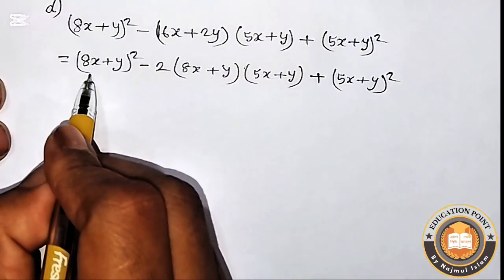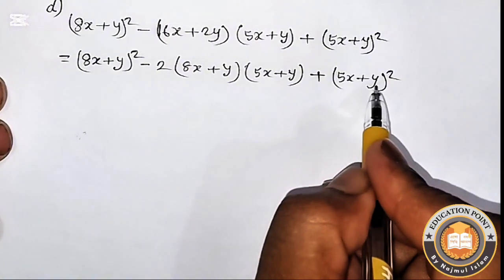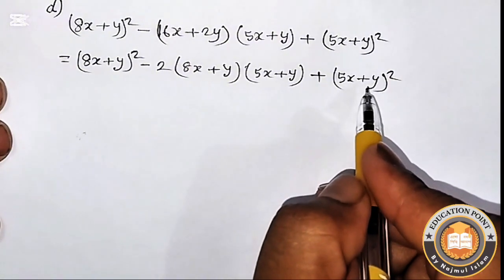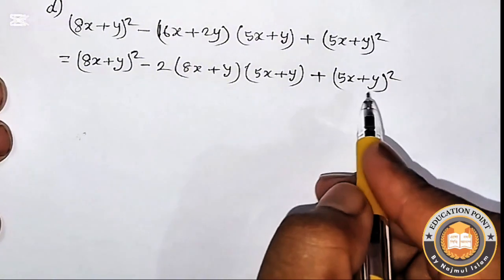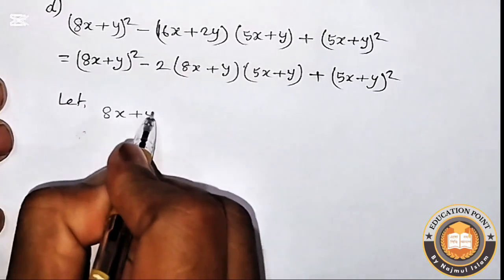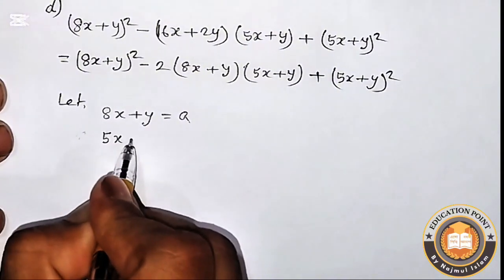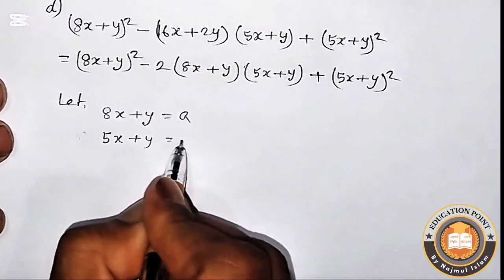Now we will consider 8x plus y as A and 5x plus y as B. Let 8x plus y equal A, 5x plus y equal B.